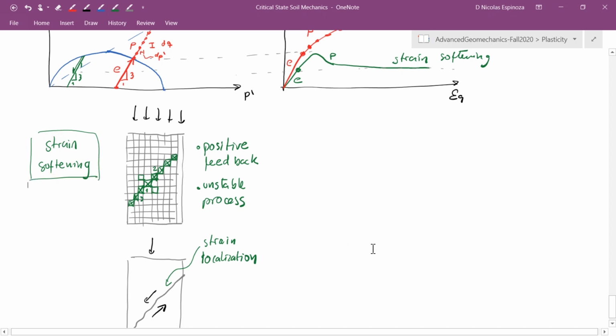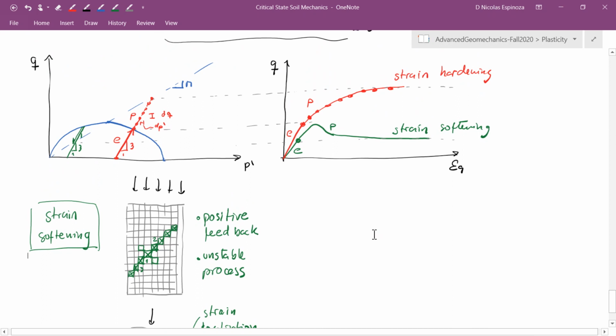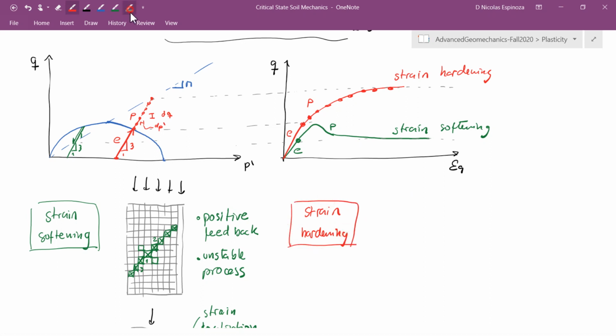Let's see what is going to happen with the strain hardening and try to understand a little bit more the physics of the strain hardening problem. Okay, in strain hardening, I'm going to have a situation which is the following.